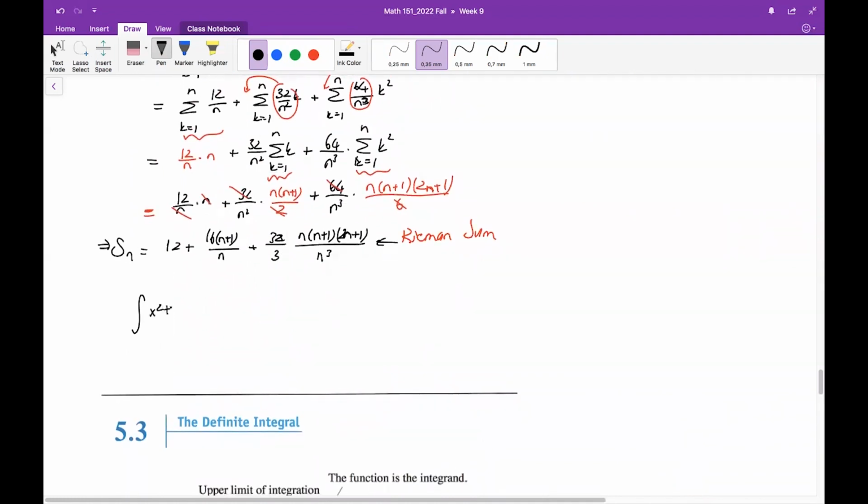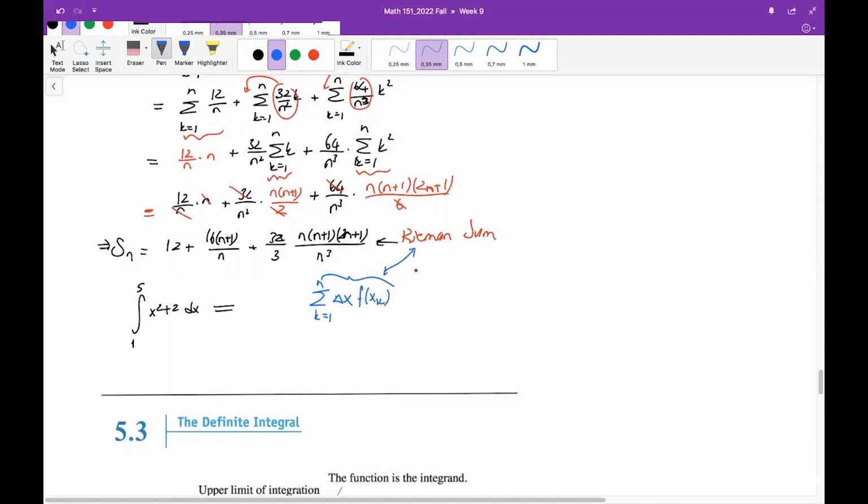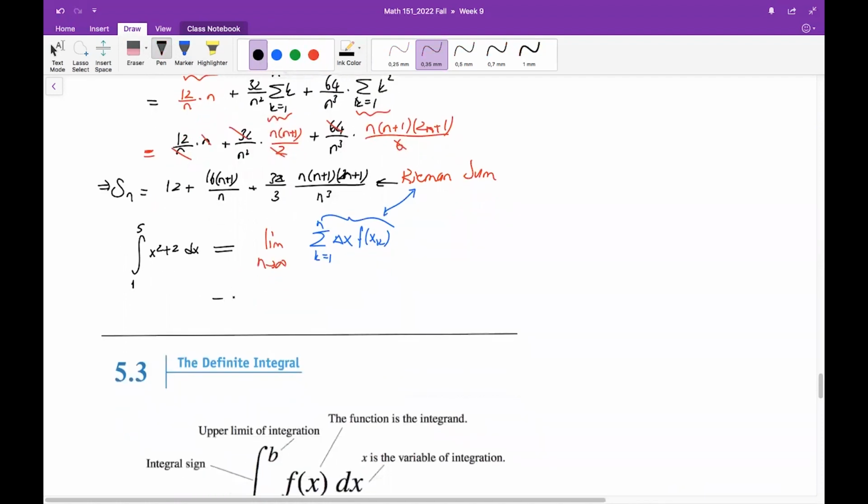So the integral of x squared plus 2 dx from 1 to 5 is in fact the limit as n goes to infinity of the sum of delta x times f of xk, k from 1 to n. This part corresponds to this Riemann sum, but you need to put an extra limit as n goes to infinity, so let's compute it.